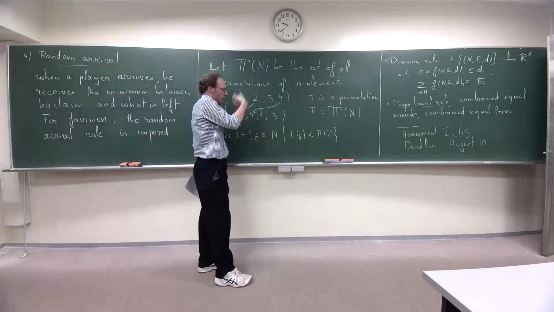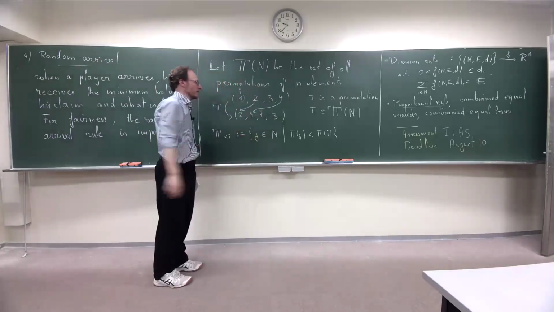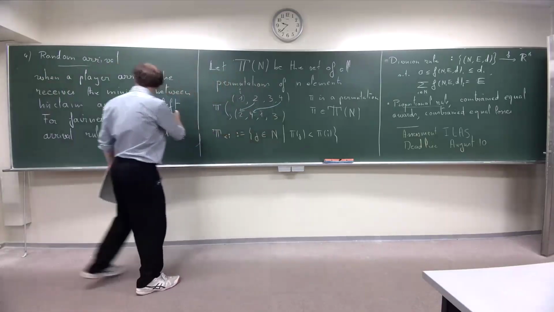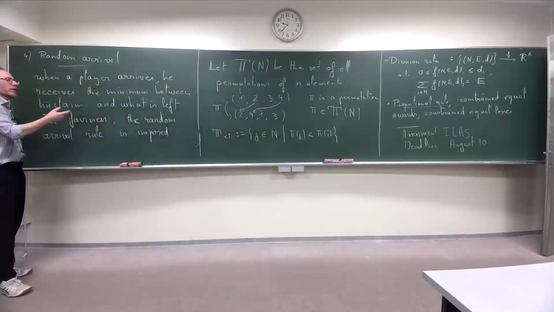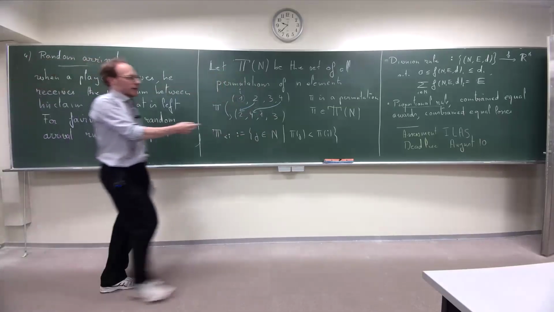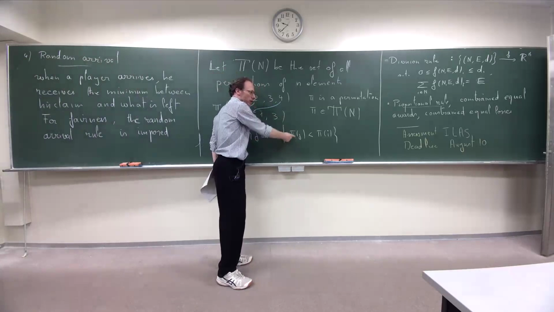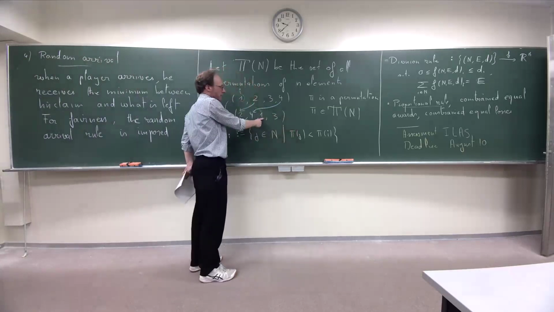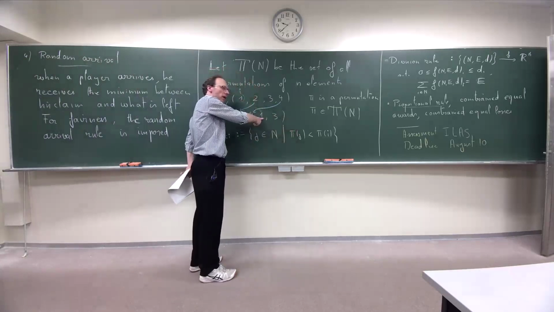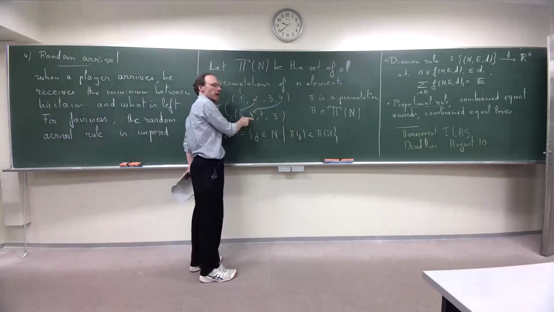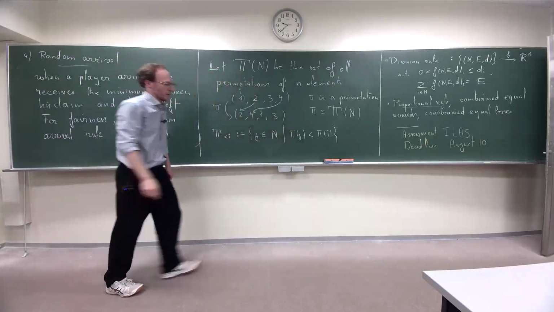Because what is the idea? I'm going to do a random reorganization. And remember, the arrival order is important. So I'm looking at those arriving before. That's the idea. Now player 1 is taking the 3rd position, and I'm looking at the players which are arriving before.